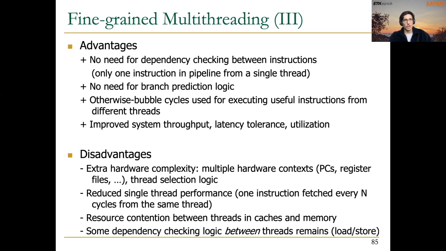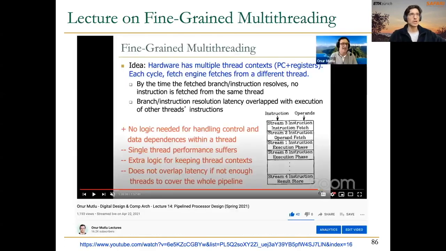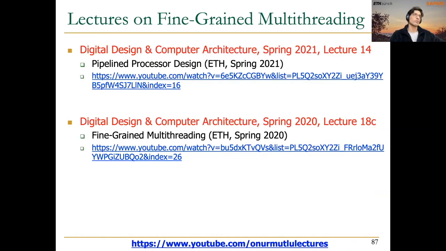We still need some dependency checking logic between threads, because, for example, when accessing memory, we cannot issue a store before the corresponding dependent loads are complete. But if you want to recap and refresh more about fine-grained multithreading, please take a look at this lecture from Professor Mutlu, and here you have links to more lectures as well.